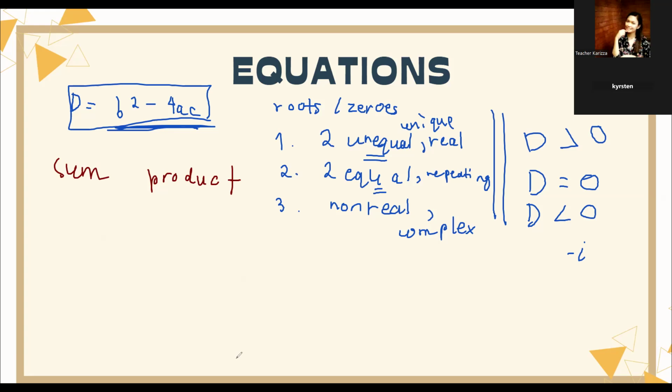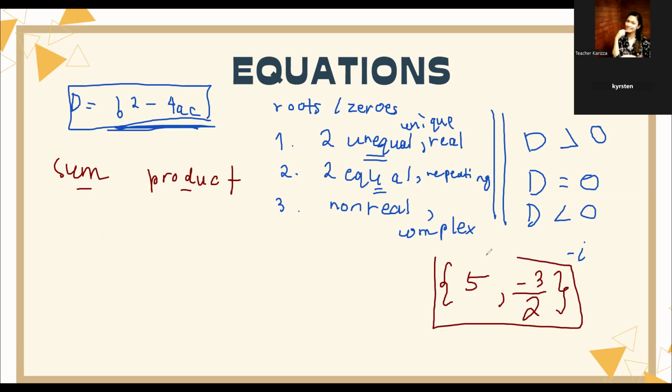So for example, sa previous question natin, we solved for our roots and our roots were 5 and negative 3/2, di ba? Yung pinaka-recent na sinolve natin. If you want, you can add them or multiply them. Pero it takes a while to solve for the roots, di ba? Kasi you have to do the whole negative b plus minus b squared minus 4ac over 2a.